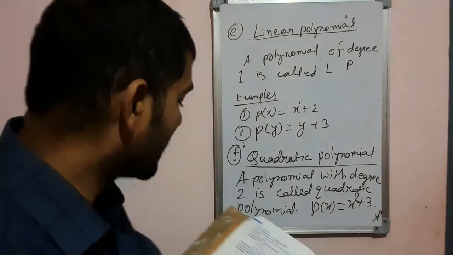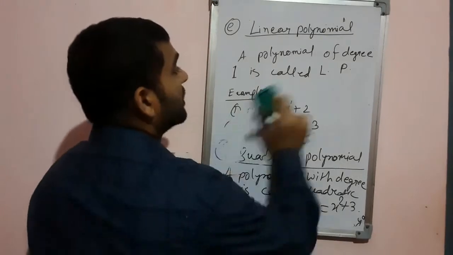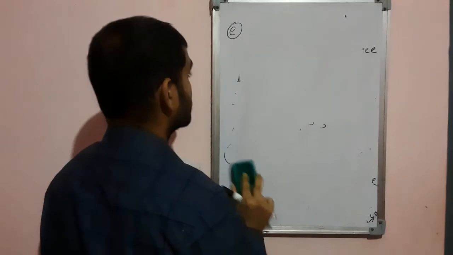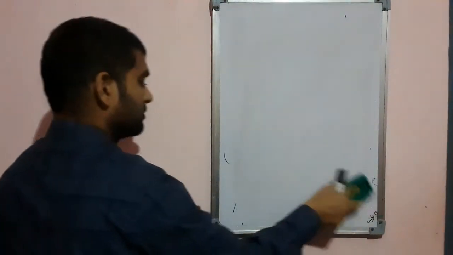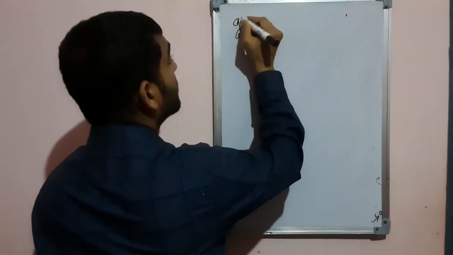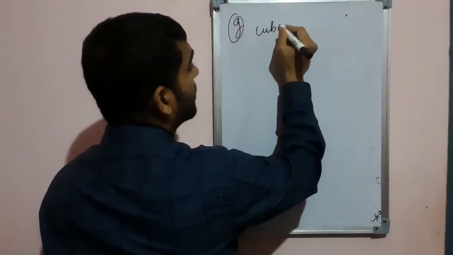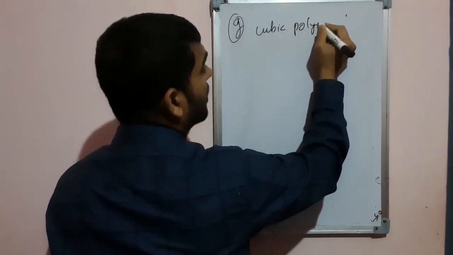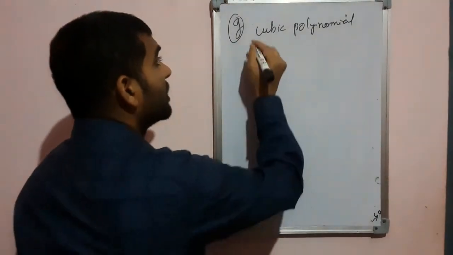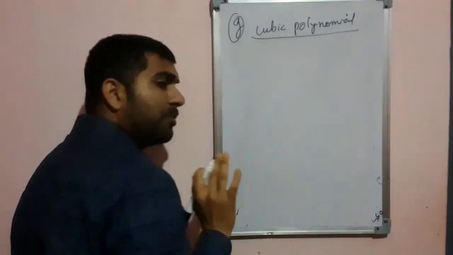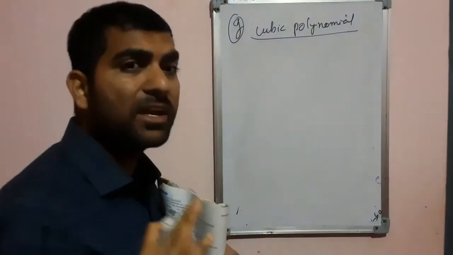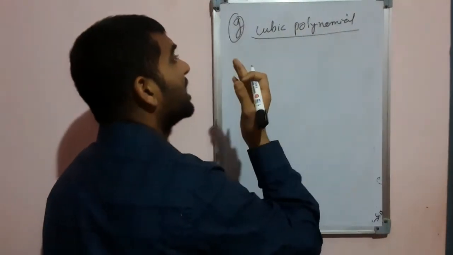Let us move to the next definition: cubic polynomial. What is a cubic polynomial? The word cubic comes from cube, as in cube root. So here cubic means 3, the degree will be 3.